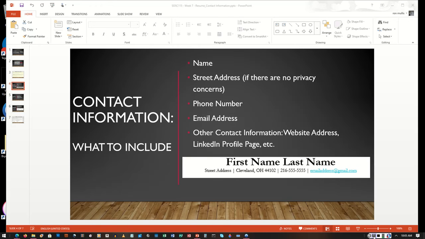So if you have privacy concerns, it's okay to leave out your specific street address or your address in general. As far as your email is concerned, you want to use your personal email address, not if you're in school, you don't want to use your current school email address or your employer email address. You always want to double check that your email address is professional.